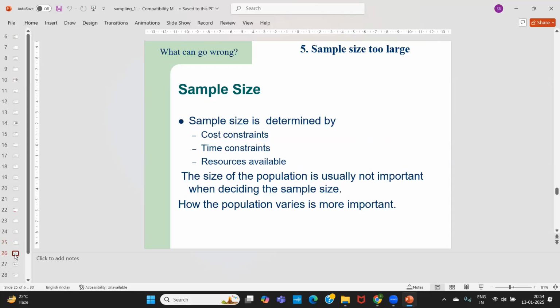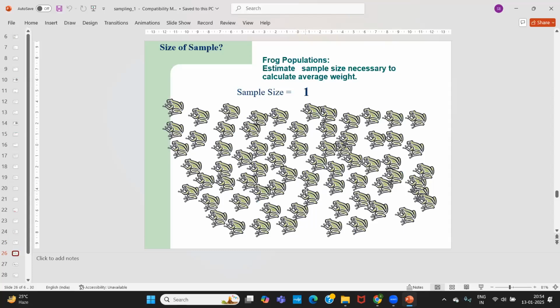Look at the pictorial representation. This is a homogeneous population. How much sample size is required while measuring their weight? Because they are almost all identical, a sample size of 1 truly represents the whole population.